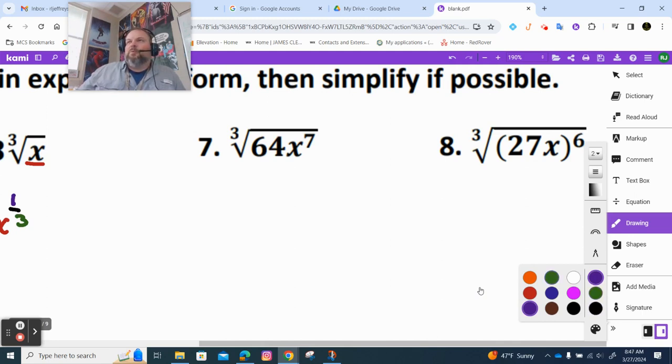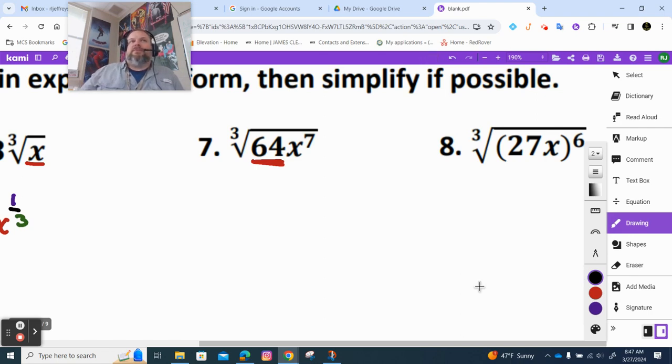Now, we may know this from things that we have done recently. Can we take the cube root of 64? Yeah.